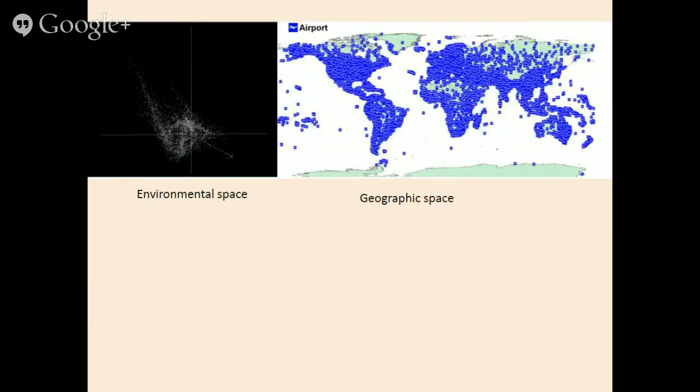But what we did is that we established the environmental distribution of the airports. So here, each point on the left means one airport in the geography, or several airports in the geography that are sharing the same environmental value. So here we are looking at the airports in the geography, and here we are looking at them in the environmental space.